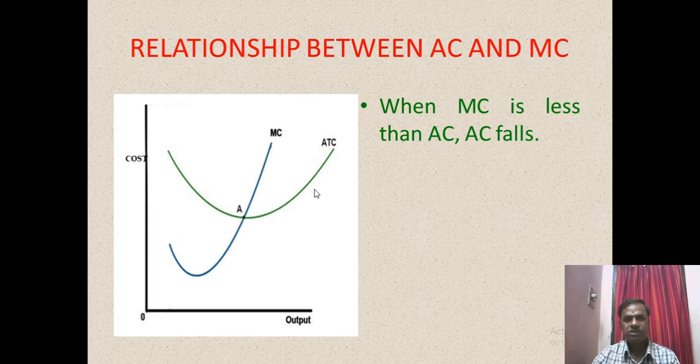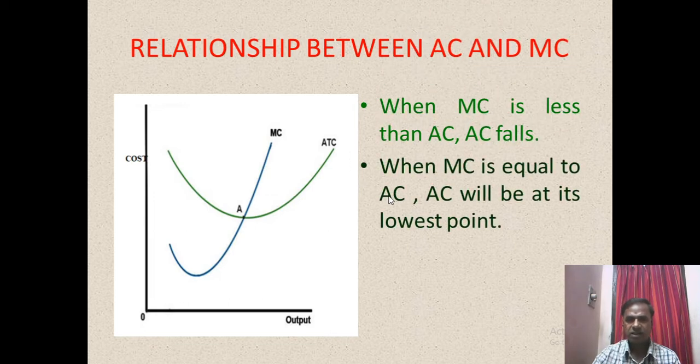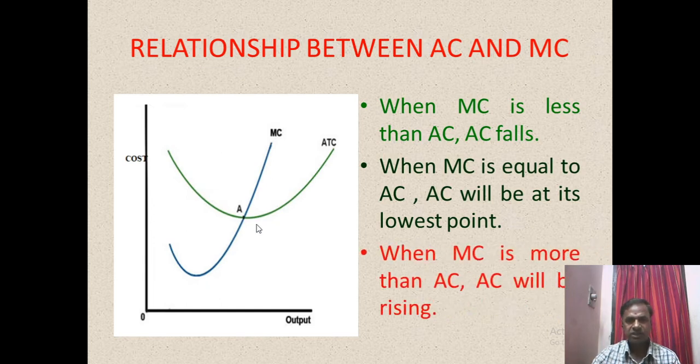When MC is above AC, AC rises. From the point A, AC rises. Or, when MC is less than AC, AC falls. When MC is more than AC, AC rises. And the third point is when MC and AC, ATC, are equal at this point.